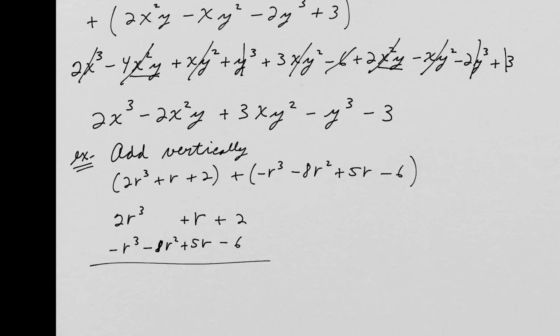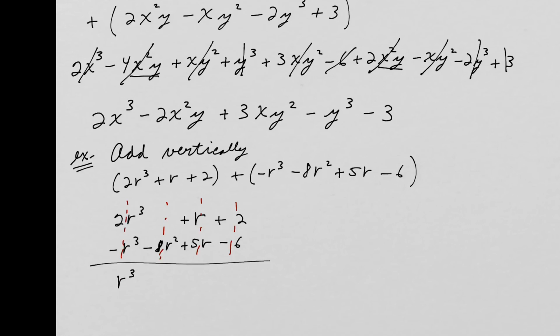So all we're doing, if you can see here, is lining up vertically, right? We're lining up the r cubeds, the r squareds, the r's, and then the constants. So you're just adding vertically. It's the same as if you had done it horizontally, right? Some people like this organization better. So either way, whatever way you find easier, you should do it that way. So 2r cubed minus r cubed is just r cubed.